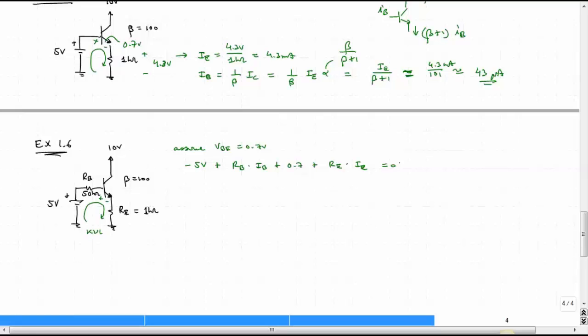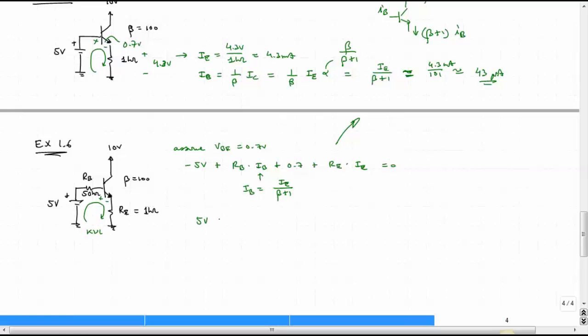I'm going to choose to solve for emitter current for now, so we need to express the base current in terms of the emitter current. We just saw that right up here. So we saw that that's the emitter current over beta plus 1. So we're going to rewrite this.